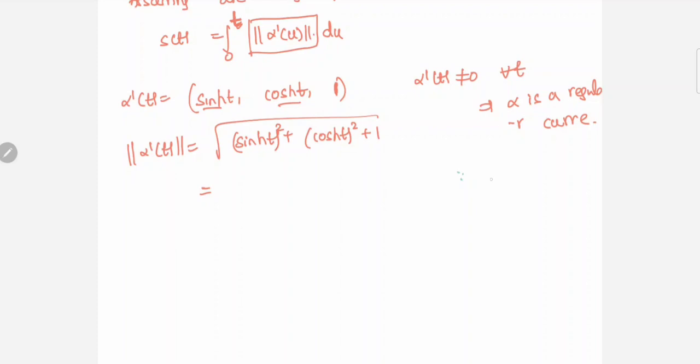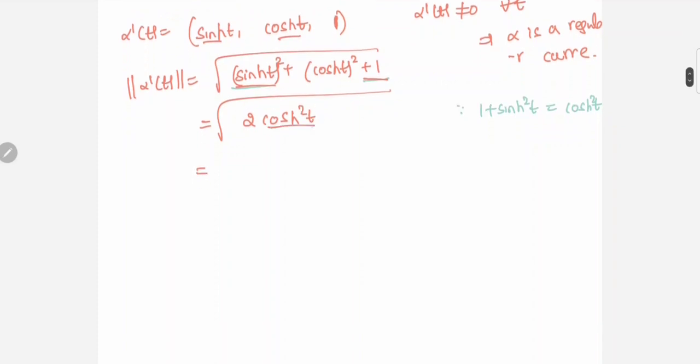Since we know that 1 plus sinh squared t is equal to cosh squared t, this gives cosh squared plus cosh squared, which is 2 cosh squared t. Taking cosh squared outside, this is root 2 cosh t. This is the norm of the velocity vector, that is the speed function v of t.